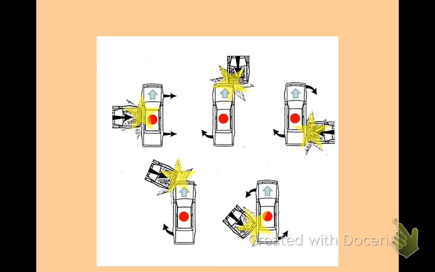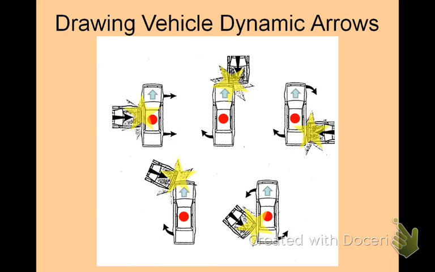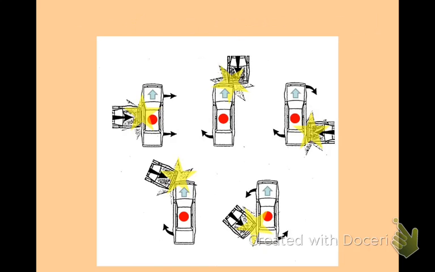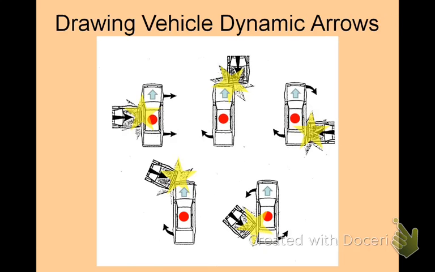So what you see here is how to draw vehicle dynamic arrows. If we go to the previous slide, what you're looking at is the red dot is the center of mass.